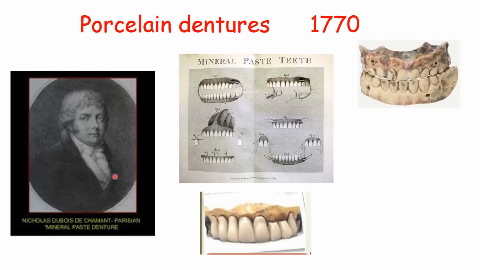Nicolas de Chemant was an important Paris dentist. He perfected the manufacture of mineral paste teeth, or porcelain dentures. De Chemant and Duchâteau made the first successful porcelain dentures.